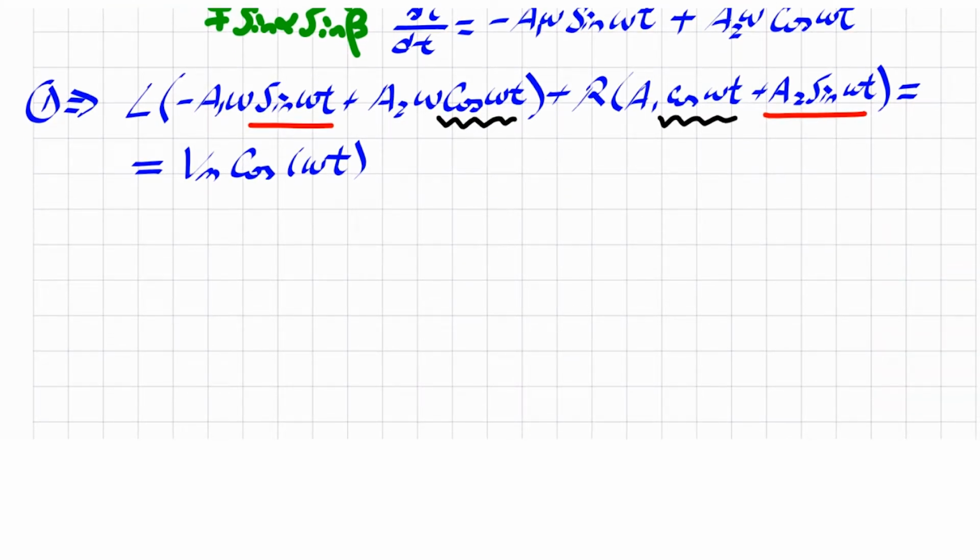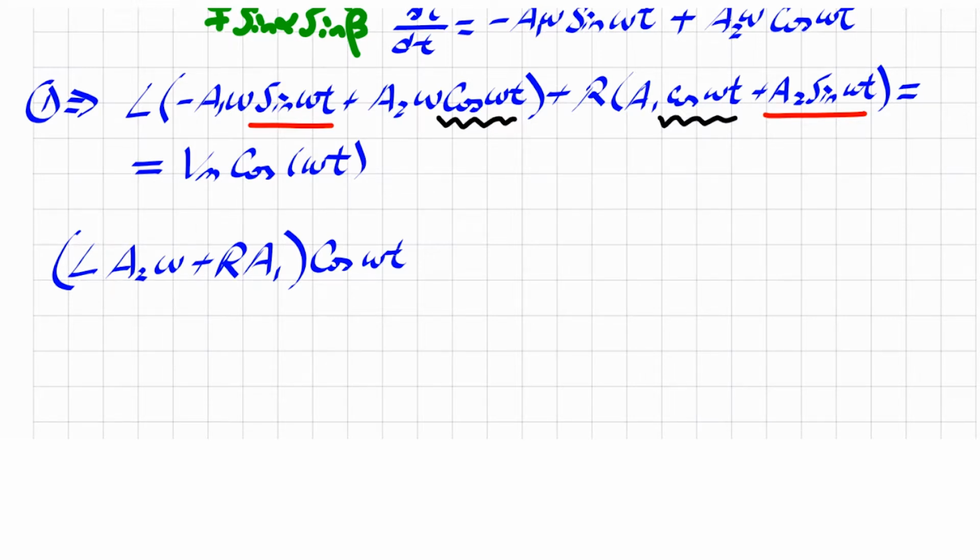And what we have here is L times A2 omega plus R times A1, multiplied by cosine omega t. So I'm combining the cosine omega t's.